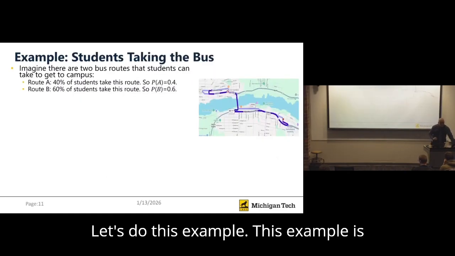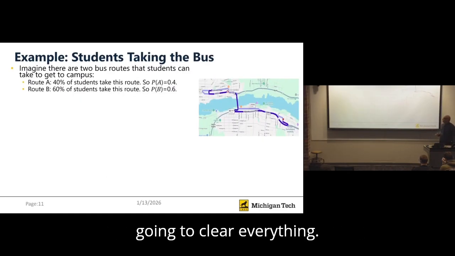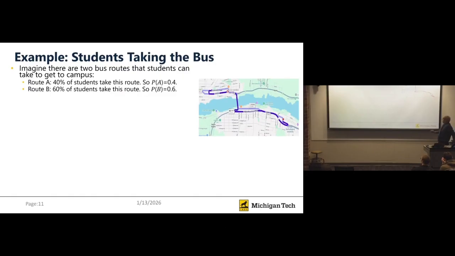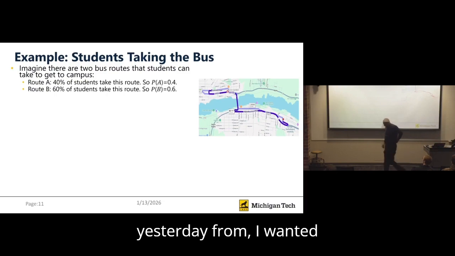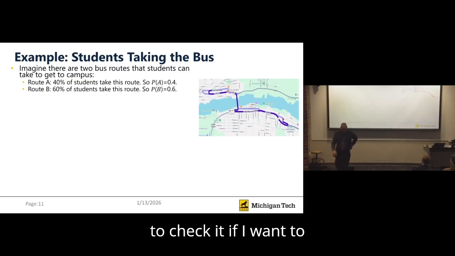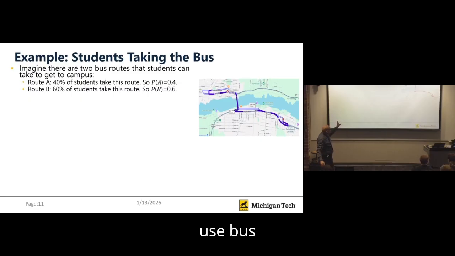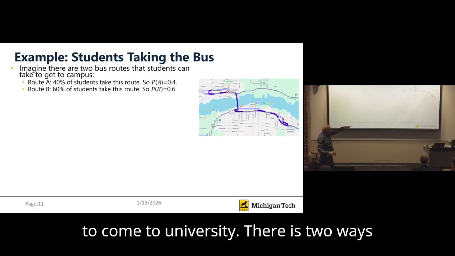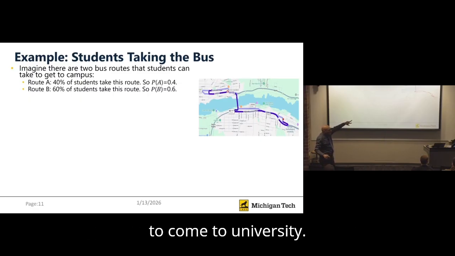Let's do this example. This example is going to clear everything. I took this picture yesterday because I wanted to check if I want to use the bus to come to university. There are 2 ways to come to university.